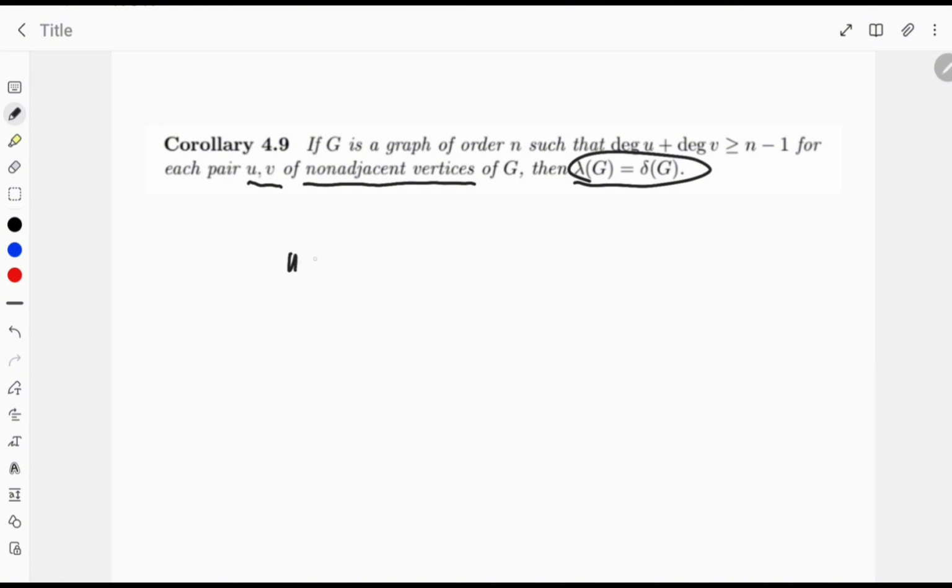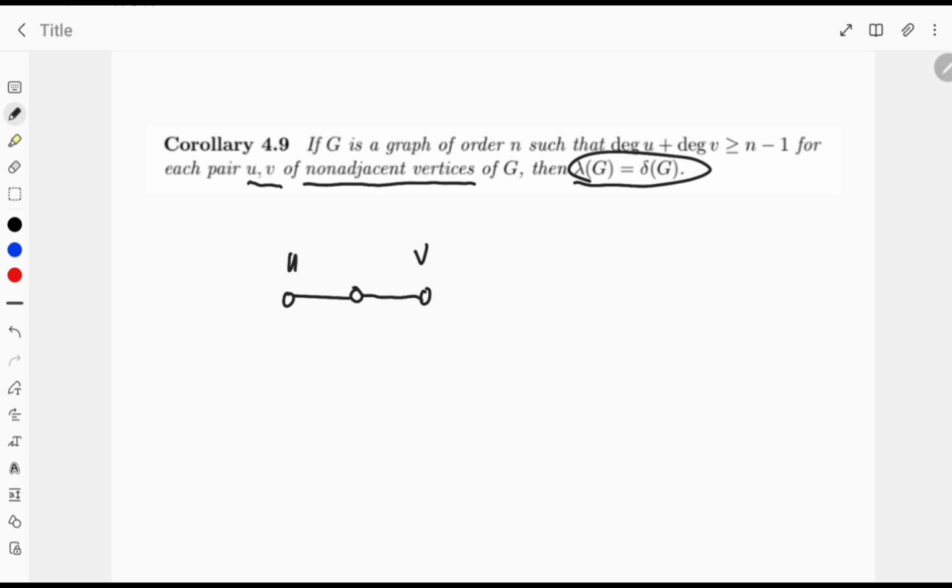Okay, so vertices U and V are non-adjacent, so here we say U and V is adjacent. To make them non-adjacent vertices, we put another vertex here that disconnects the vertices U and V.